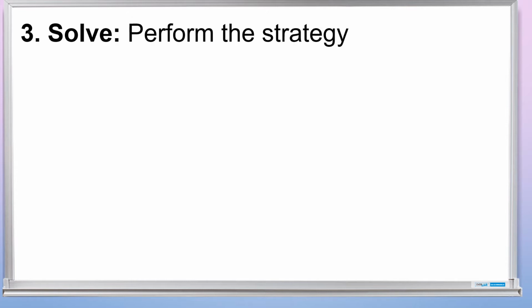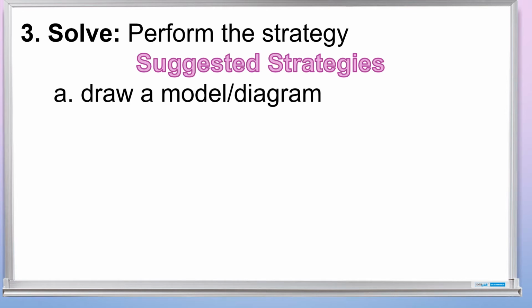The third step is solve. This step allows you to perform what you have understood and planned, and perform the strategy. There are suggested strategies that you can use. We have A, draw a model or diagram.